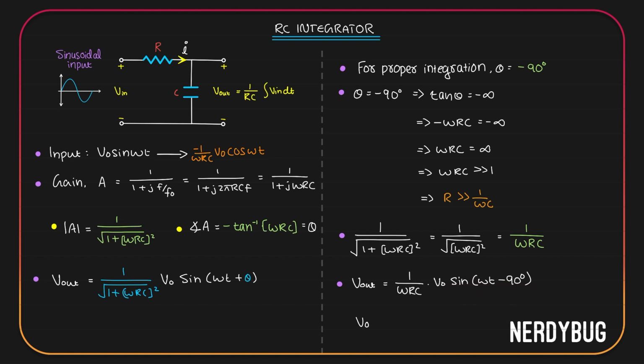So we get V out is 1 by omega RC multiplied by V naught multiplied by minus cos omega t. Let's take the minus from here and put it over there. Output is minus 1 by omega RC multiplied by V naught cos omega t. This is exactly the output we were expecting if the circuit is acting as an RC integrator.